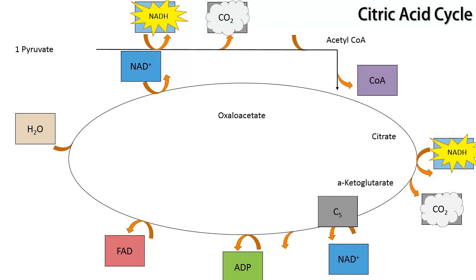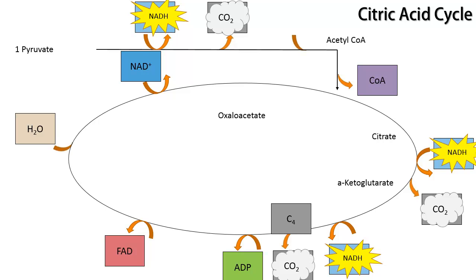The alpha-ketoglutarate undergoes oxidation to reduce NAD+ to make NADH. It then loses a carbon atom in the form of carbon dioxide to create a C4 molecule. That C4 molecule turns ADP into ATP, and now we have succinate, which is a 4-carbon molecule.